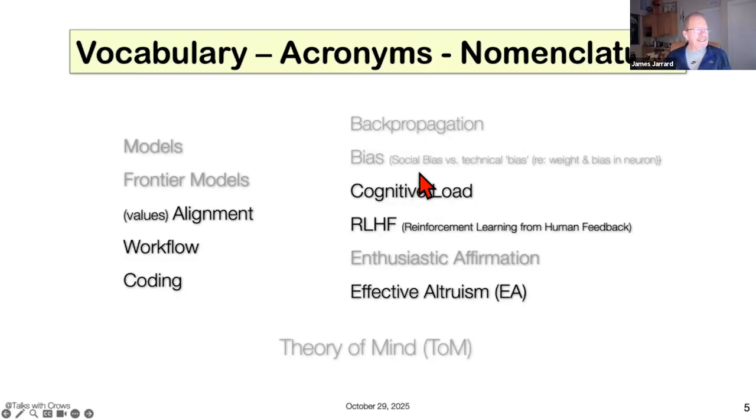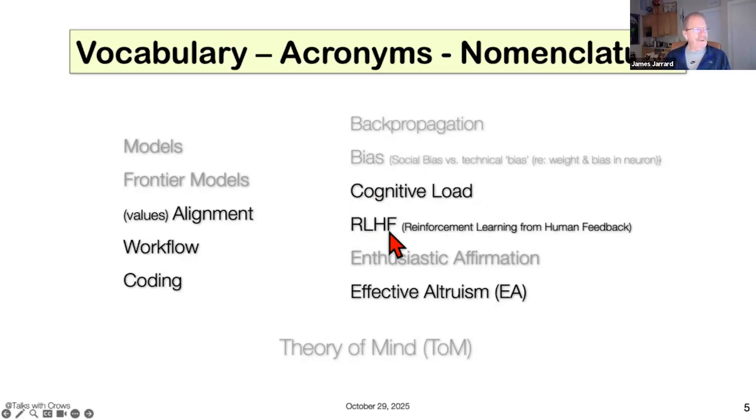The biases: we humans have bias, and there is also a technical bias within each of the neurons. Cognitive load: I probably force each of you into a cognitive overload with new ideas. You can just get too much information and it overwhelms your cognitive functions. What is the load that you can handle?